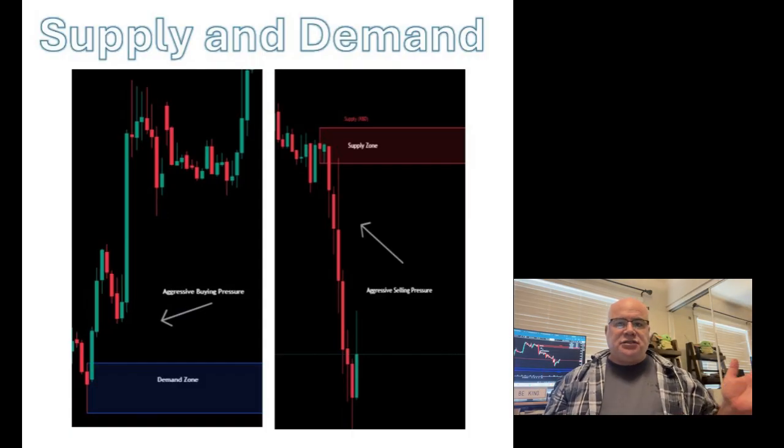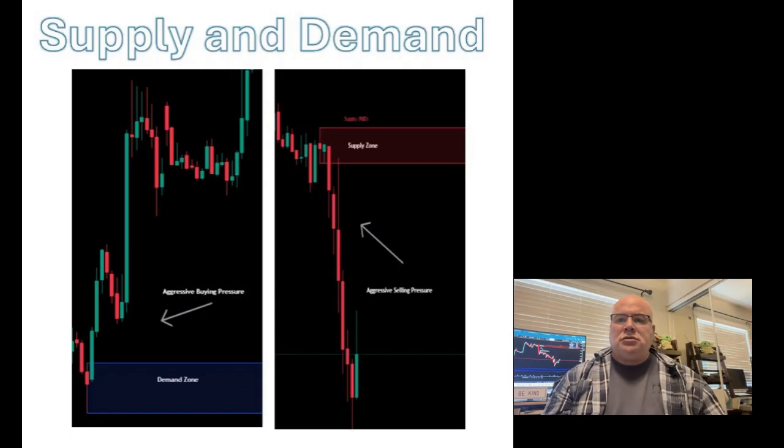And a supply zone is just the opposite, a price area where sellers come in, overwhelm the market, and cause price to drop or sell off rapidly, okay?